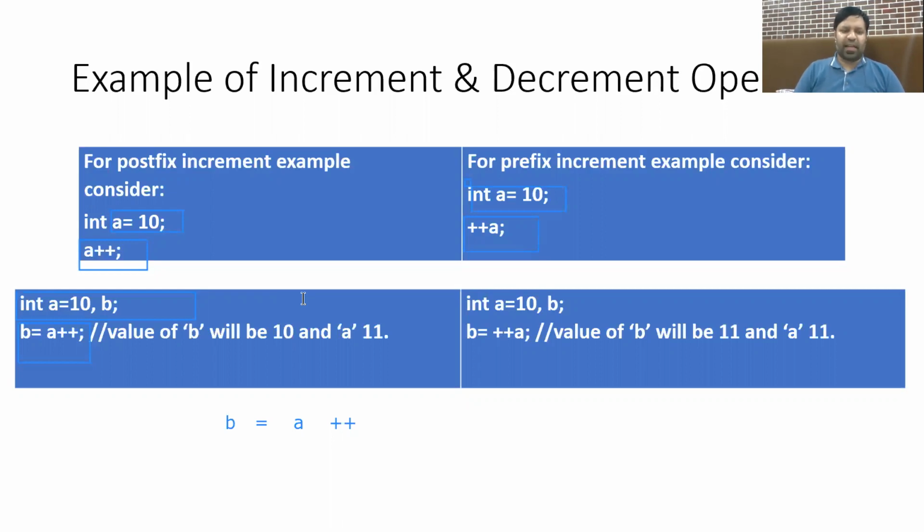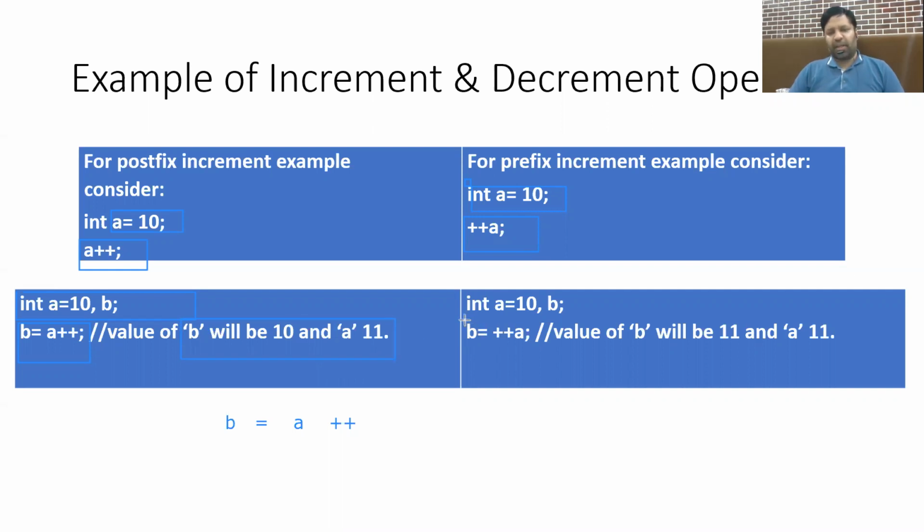So let us assign the value of a to b. What is the value of a? The value of a is 10 and hence it will be assigned to b. So b will become 10. And now you can increment the value of a by 1. So a will become 11. So what is the final output? The value of b will be 10 and a will be 11.